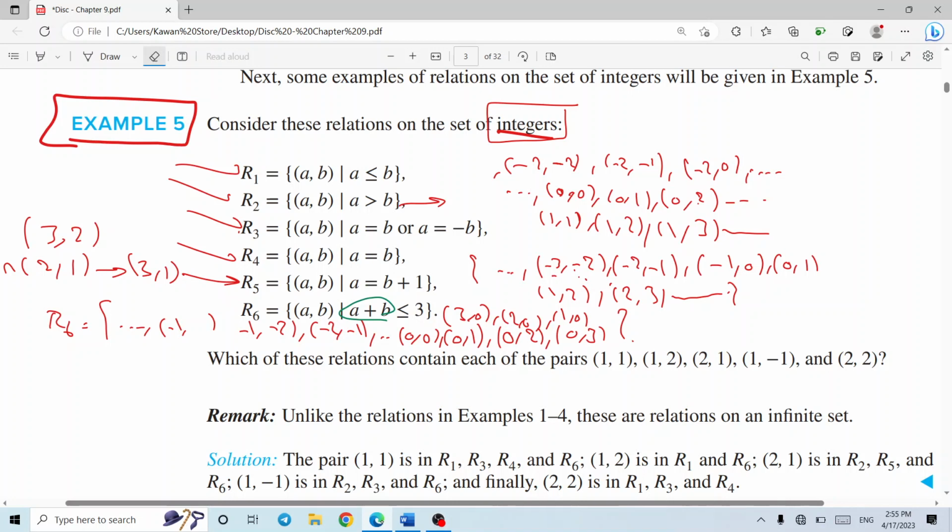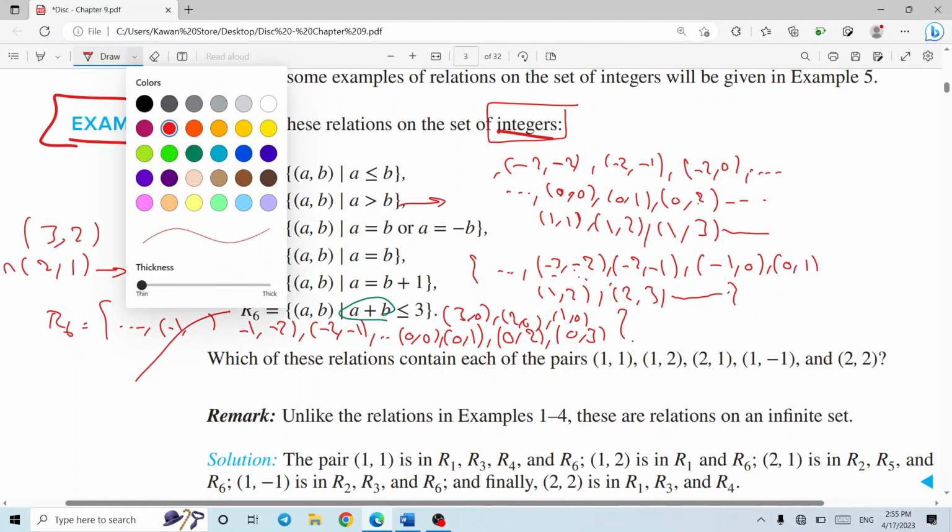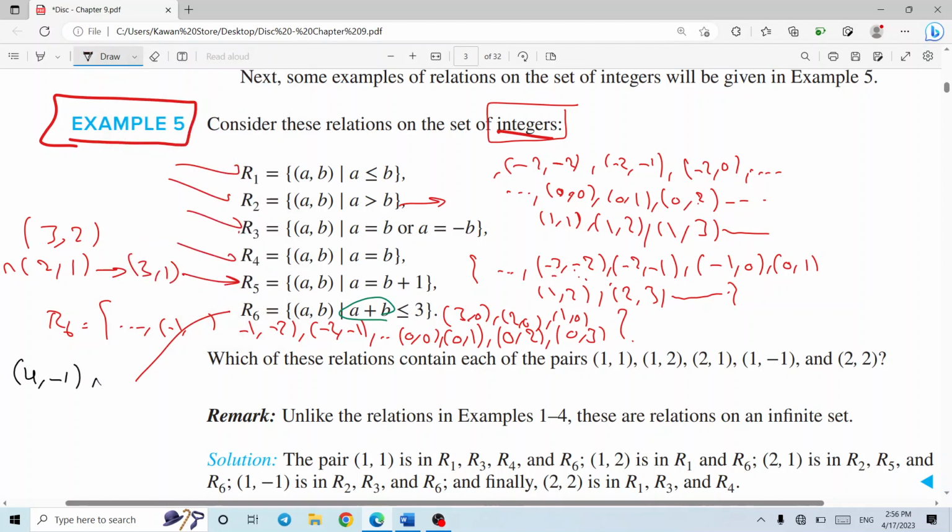We have two numbers and yes, the condition is satisfied. Did I get the result? No. So that's it. R6, of course, yes or no. Give you an example. Let me write (4, -1) and (-1, 2), (3).